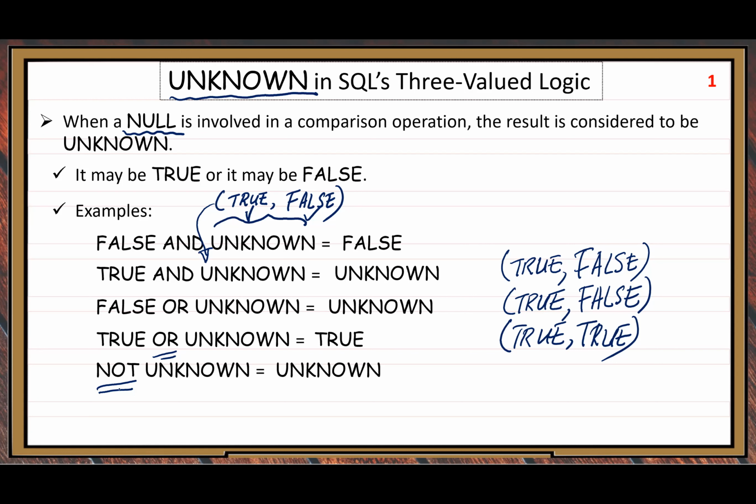If you have 2 value possibilities, then your answer is unknown. Otherwise, only 1 value possibility, then that's the value. Either true or false, that's the value. So this is about the 3-value logic.